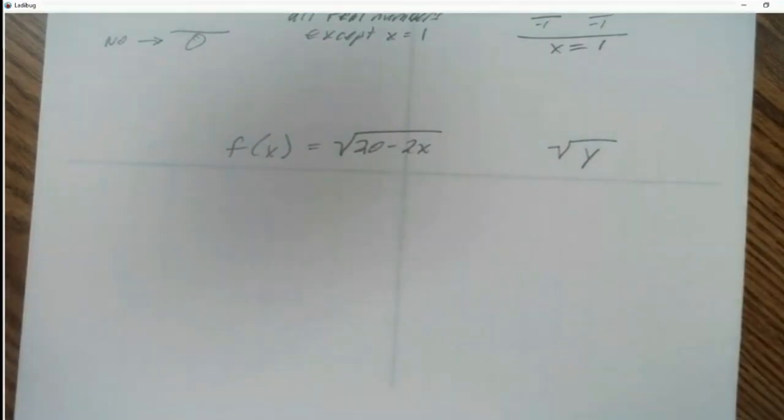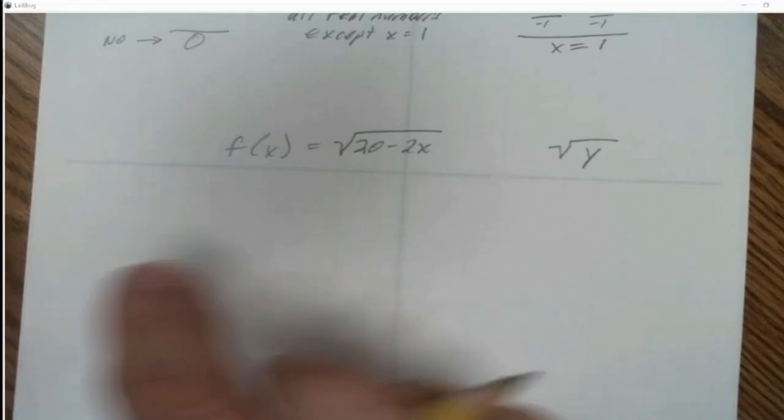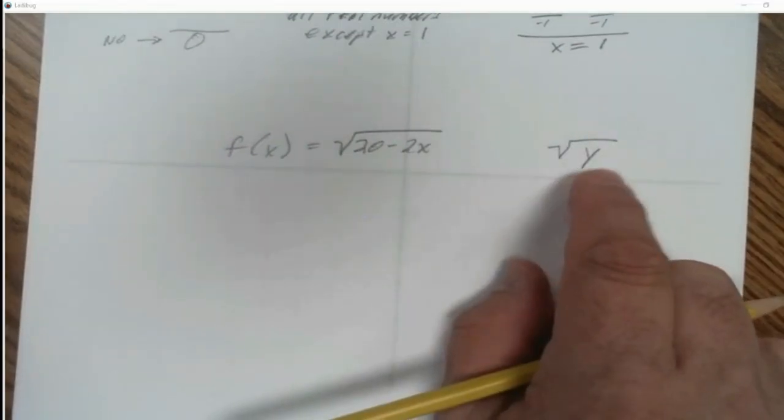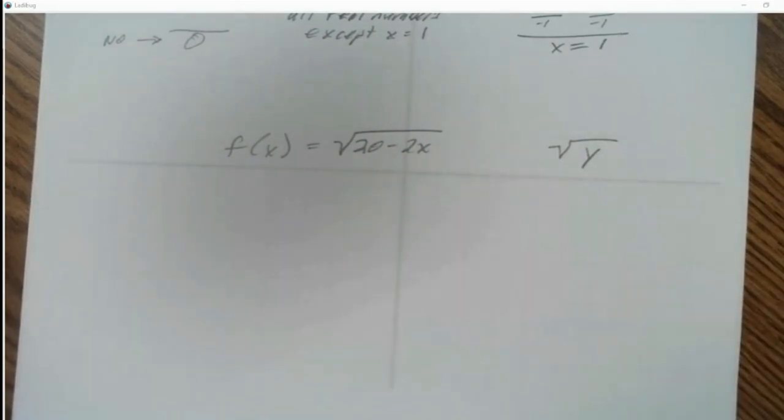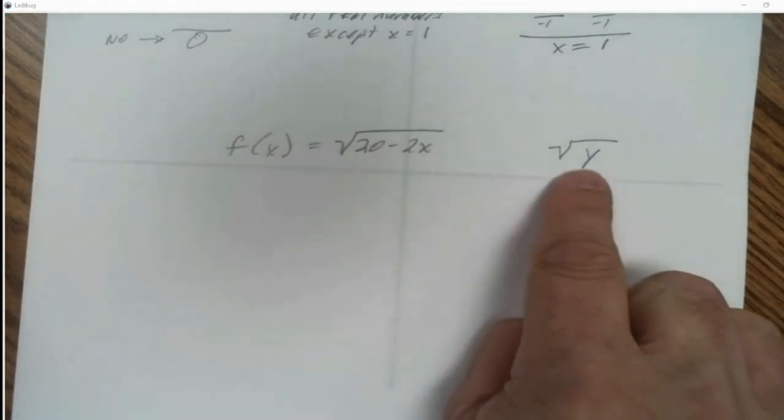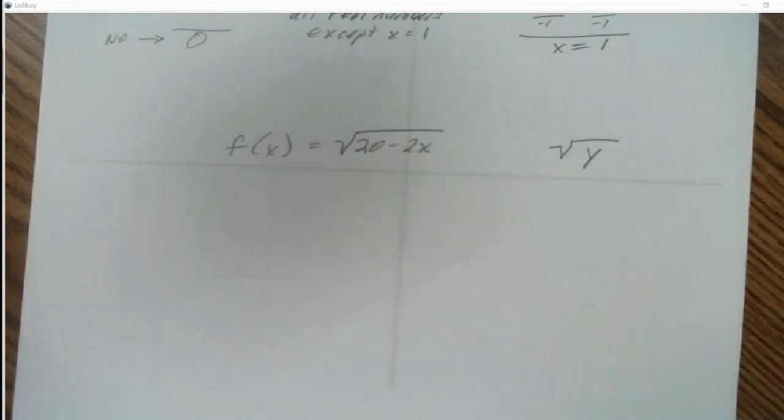Put that in the chat. What can y not be? What's not a valid number for y? Can y be 0? Could you take the square root of 0? Sure, 0 times 0. So the square root of 0 is 0. 0 is a valid number. What's not valid?